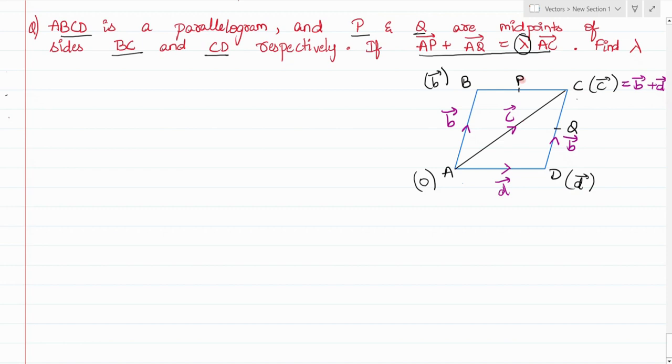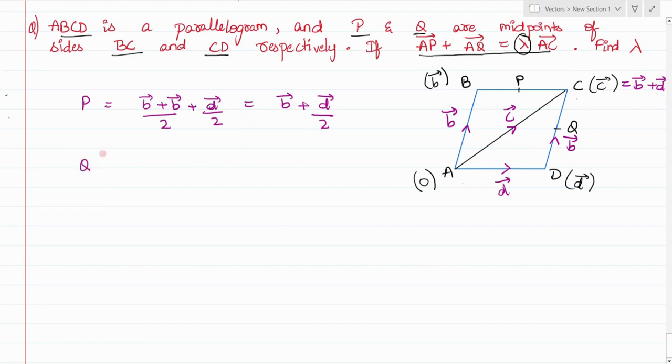So to get the midpoint, that is P, it becomes b plus b by 2, because it is the midpoint, plus d by 2, which is nothing but b plus d by 2.